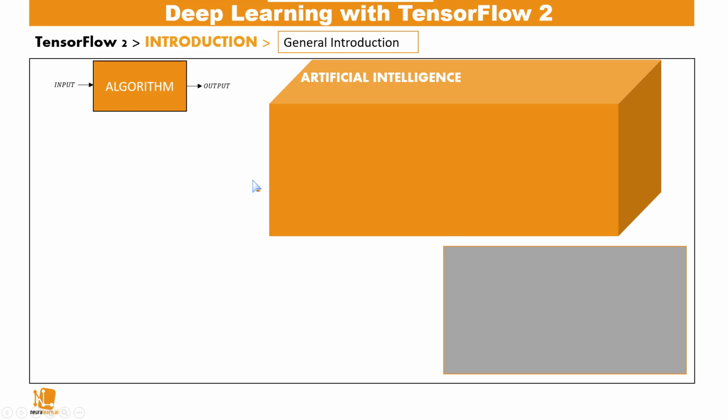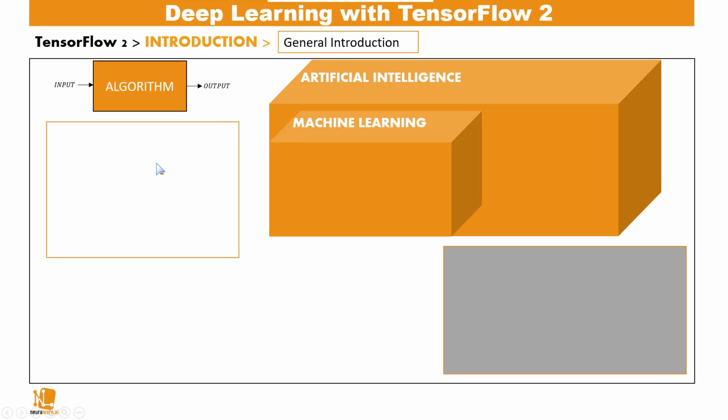Now, in other subfields of artificial intelligence like machine learning, the way the machine learns is quite different. In this case, what we have is a machine learning model which has been given initially the inputs and the outputs. So the machine initially gets both the inputs and the outputs.